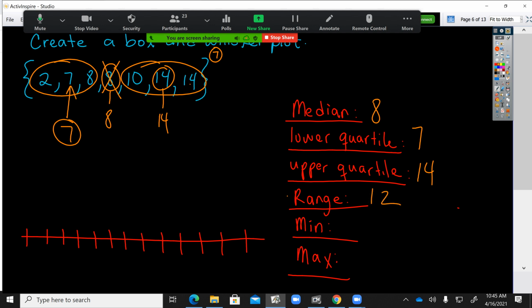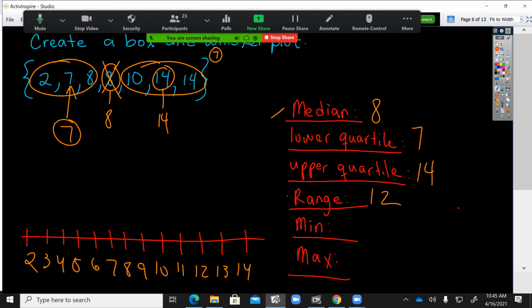That tells me I need 12 ticks here, because it needs to go from 2 all the way to 14. So we have 2, 3, 4, 5, 6, 7, 8, 9, 10, 11, 12, 13, 14. Now we know that all of the information we have is going to fit on our number line.